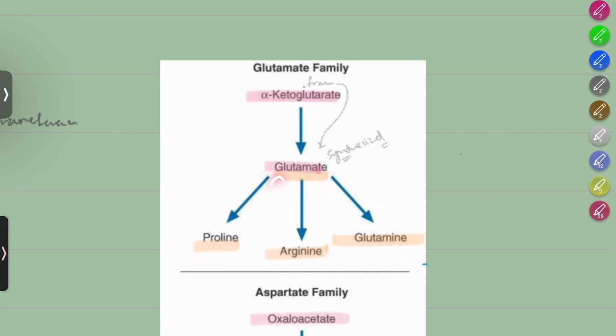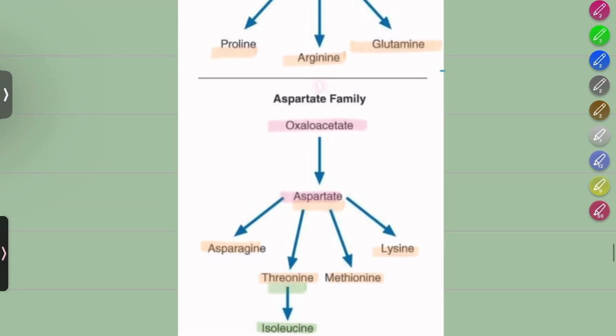Plus the precursor of glutamate, or what gives rise to glutamate, is the alpha-ketoglutarate, by the reverse reaction of deamination. Now we have the aspartate family. You need to know that the aspartate gives rise to these 4, which are the lysine, methionine, threonine, and the asparagine.